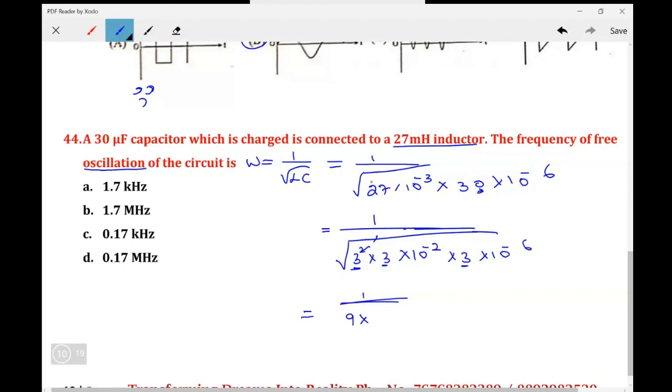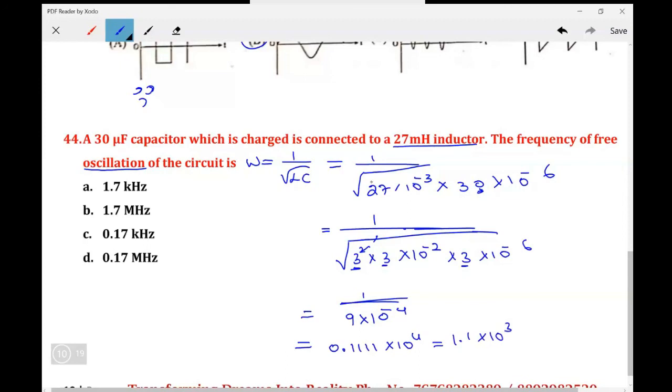When it comes out of the square root, you'll get 10 to the power of minus 4. Now what is the value of 1 by 9? It is 0.1111 and so on, into 10 to the power of 4, or else you can take it as 1.11 into 10 to the power of 3.